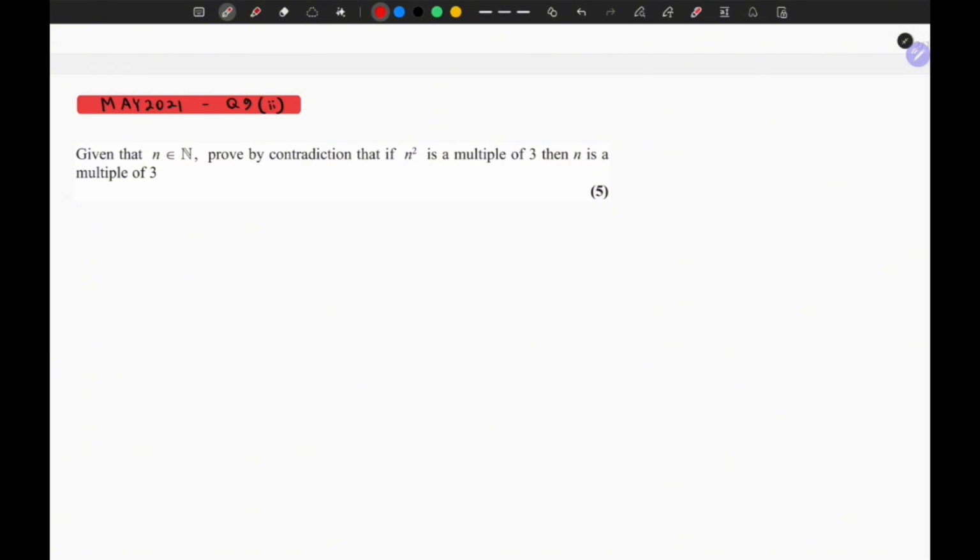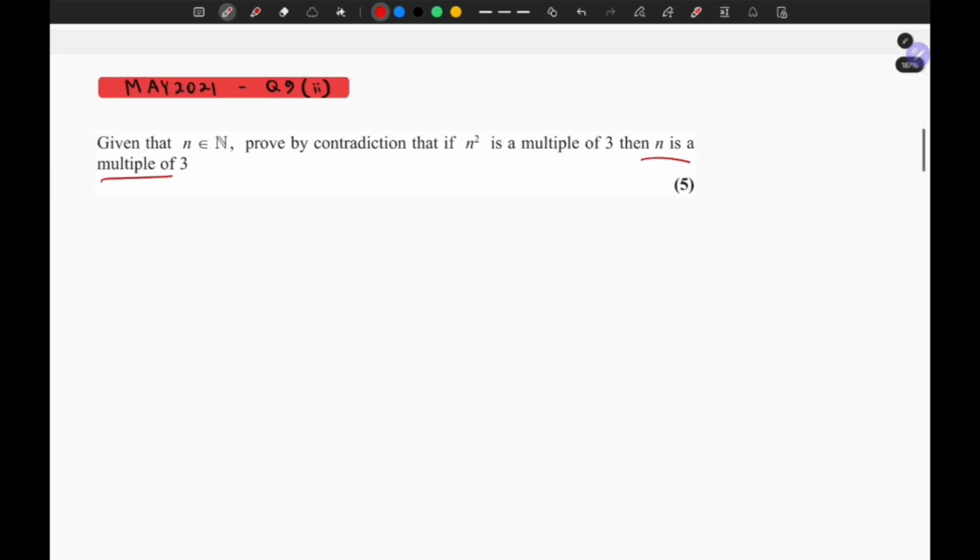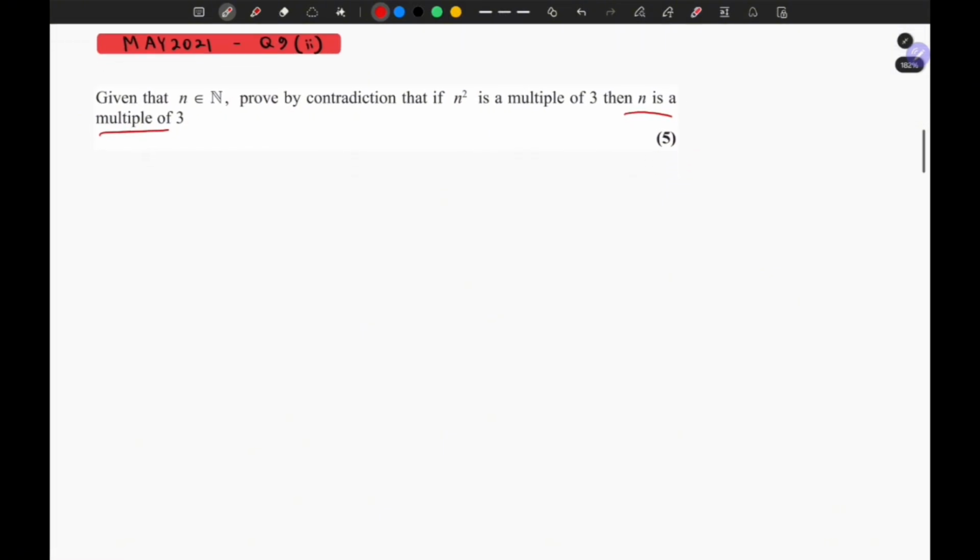This is a question from May 2021, question 9, part 2. Now, given that n belongs to natural numbers, prove by contradiction that if n square is a multiple of 3, then n is also a multiple of 3. So the base value is n. So we need to assume the opposite of this base value. We need to assume that n is not a multiple of 3.